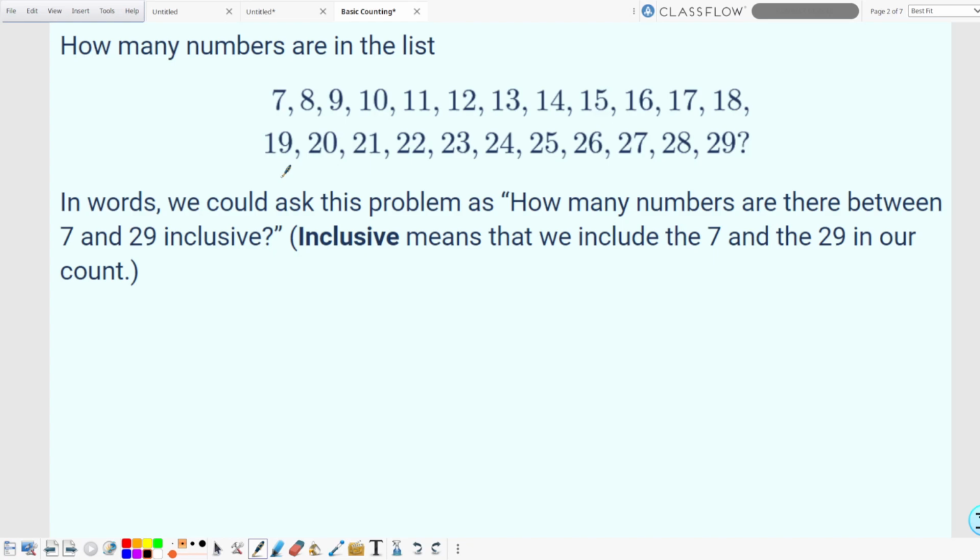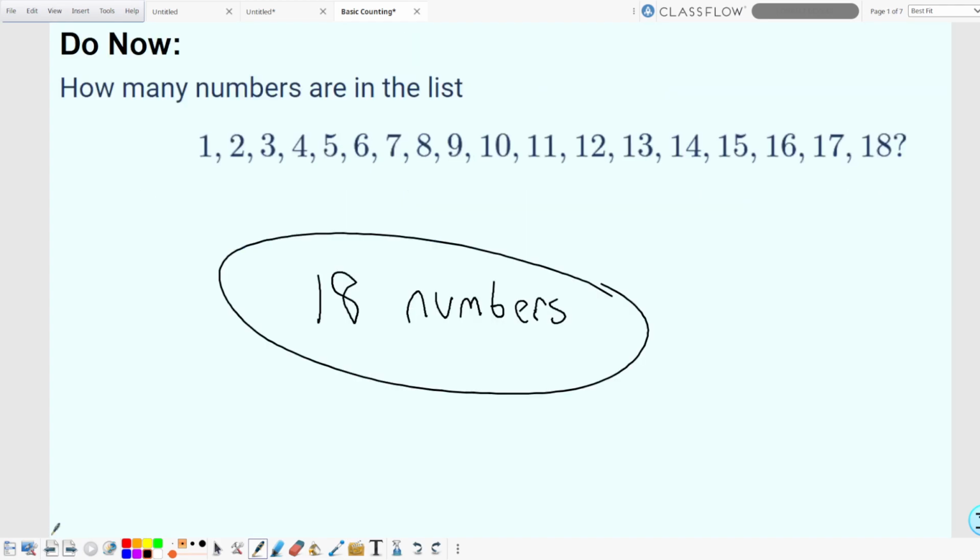But what's a more clever way that we could approach this and figure out the answer in a bit of a faster way than just counting one by one? Well, if we look back at problem number 1, where you start at number 1 and then you count up by 1 each time, that's really simple.